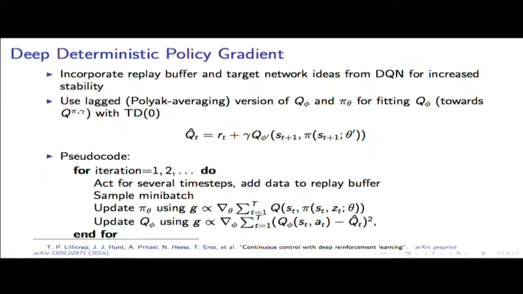So the pseudocode is basically you collect some data from your policy, you add the data to your replay buffer, sample a mini batch, update the policy using the Q function to define the gradient, and you update the Q function using a squared error kind of loss. And they used TD0 so that they could get off-policy estimates of the Q function.